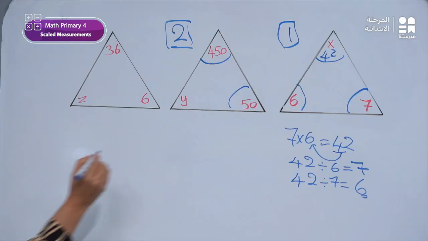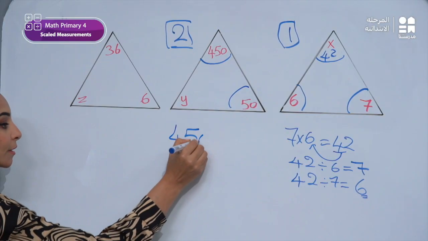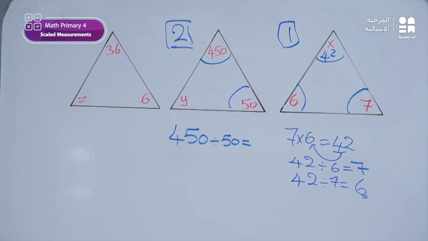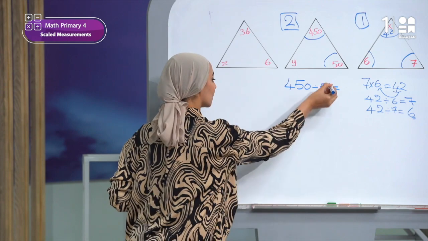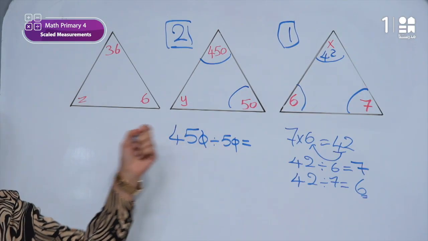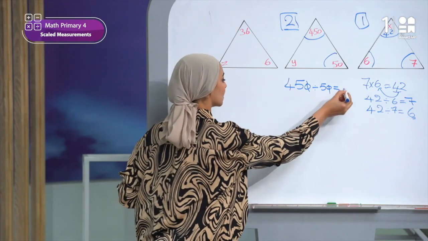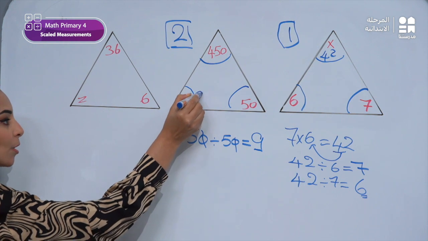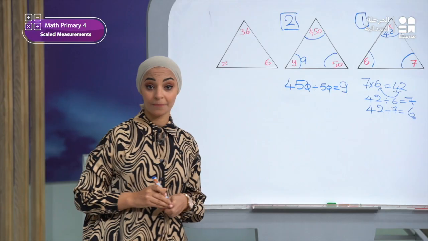Yes, 450 divided by 50 gives me 9. Well, I can do it in a very easy way. I will cross these two zeros with each other, and 45 divided by 5 equals what? Of course, equals 9. So, 9 is the third angle here. So y here equals 9.